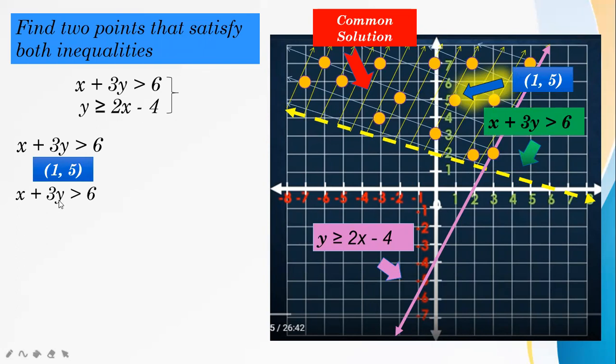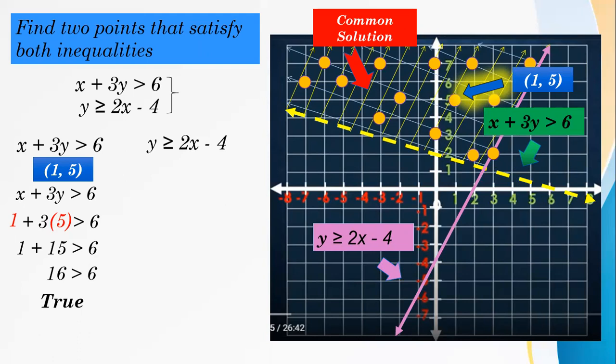Then we have x plus 3y greater than 6. Substitute the value of x, wherein your x is 1 and your y is positive 5. Then simplify. So we have 1, 3 times 5 is 15. 15 plus 1, we have 16 greater than 6. And therefore, the statement is true, wherein this point is one of the solutions of this inequality.